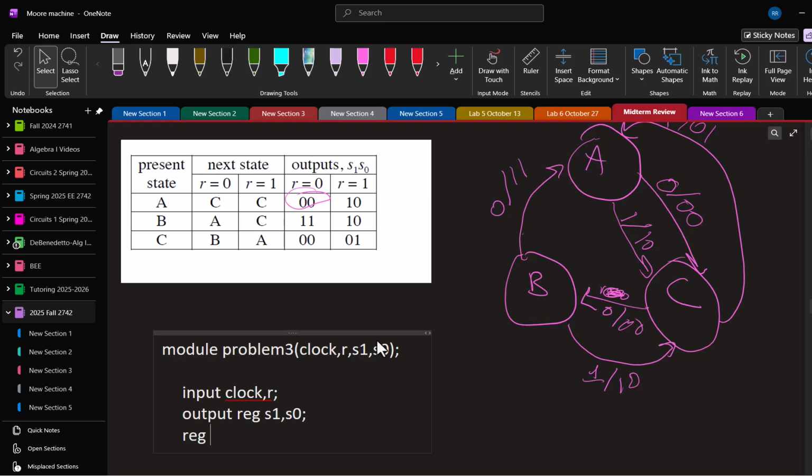If I had 3 bits, I could make one of my states 0, 0, 1, one of them 0, 1, 0, and the other one 1, 0, 0. That is one way to assign states, but I'm going to go with efficiency. I'm going to have reg 1 colon 0 lowercase y comma uppercase Y semicolon.